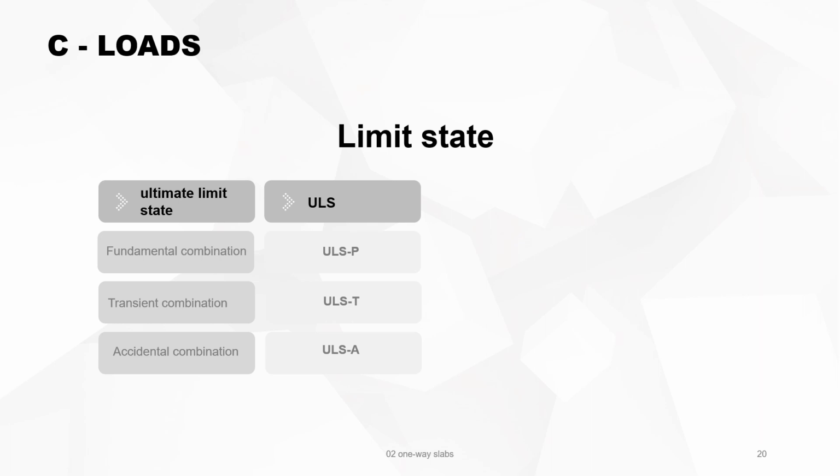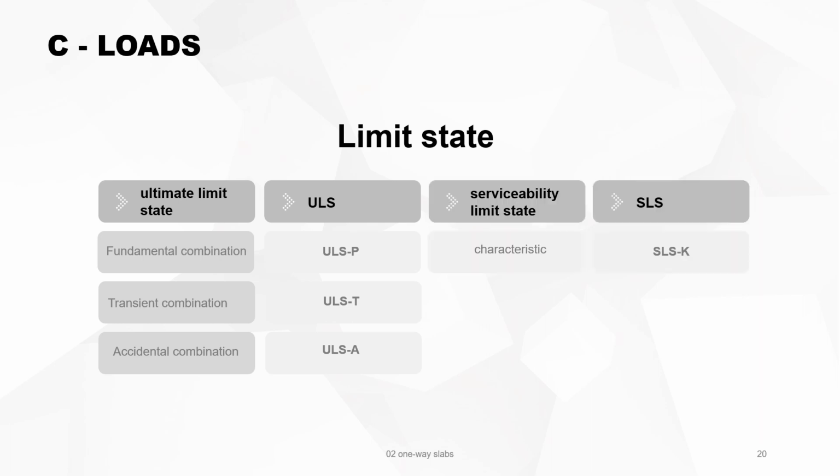In principle, between ULSP and ULST there is no difference in the ponderation coefficients. It is only for the SLS, serviceability limit state, that there will be a difference.